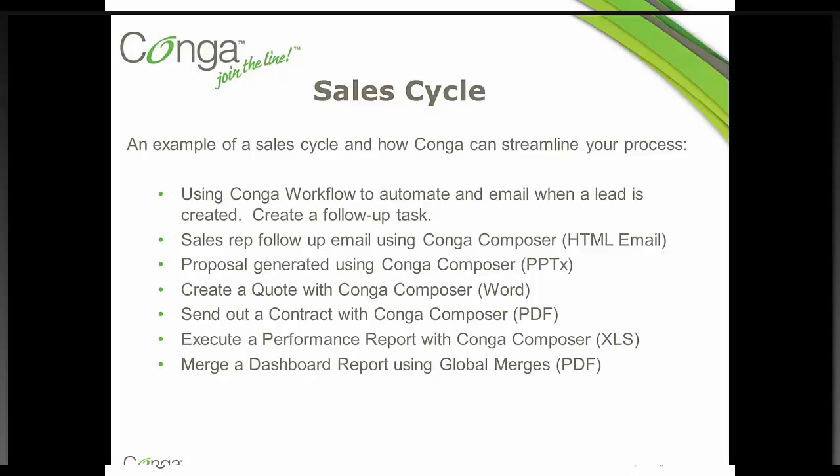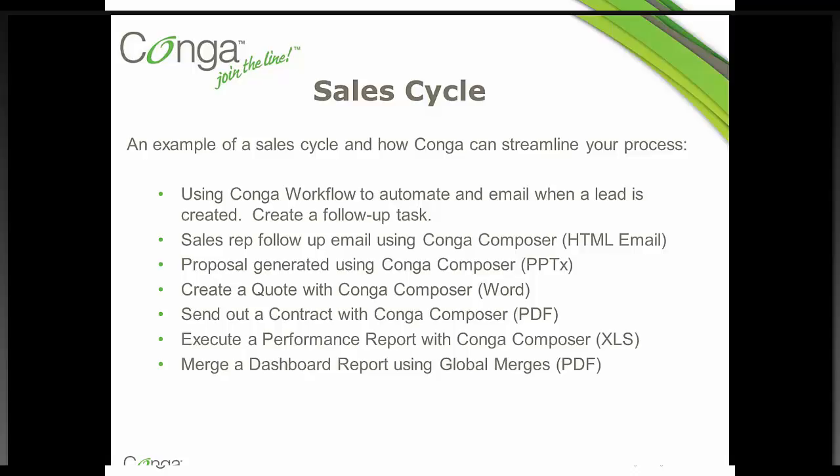So today I'm going to review a pretty standard sales cycle. What I wanted to do is go through Conga Workflow, automating an email when a lead is created, and then automatically creating a follow-up task. And then walk through each piece of the process: a standard email button using the HTML email, a proposal using Conga Composer that's going to go through PowerPoint, then on to the quoting process using Word, and then sending out a contract through an Adobe PDF.